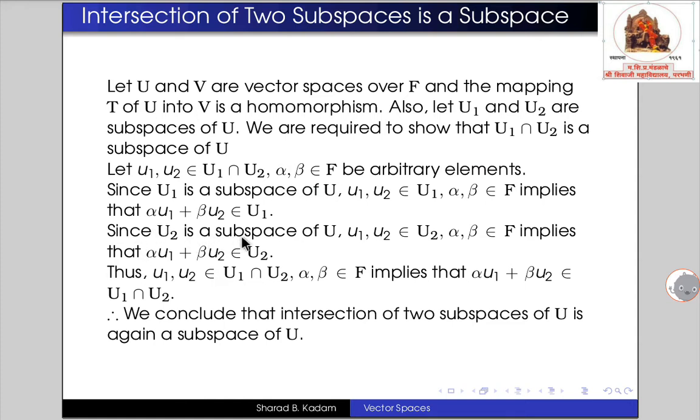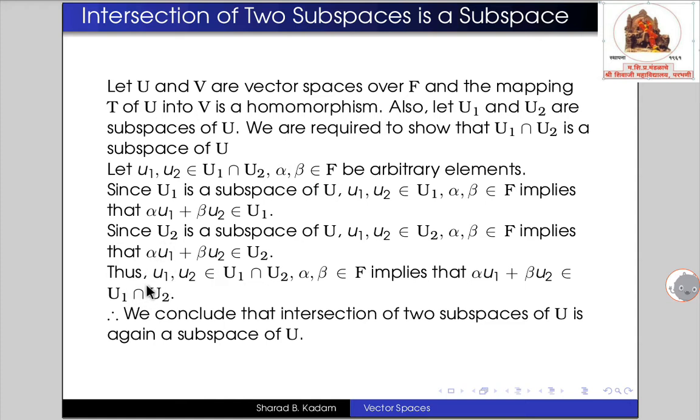Similarly, U2 is also a subspace of U, and since U1, U2 are in U2 and the scalars alpha, beta are in the field F, by the definition of subspace, alpha U1 plus beta U2 is also in U2. That means this element alpha U1 plus beta U2 is in both sets U1 and U2.